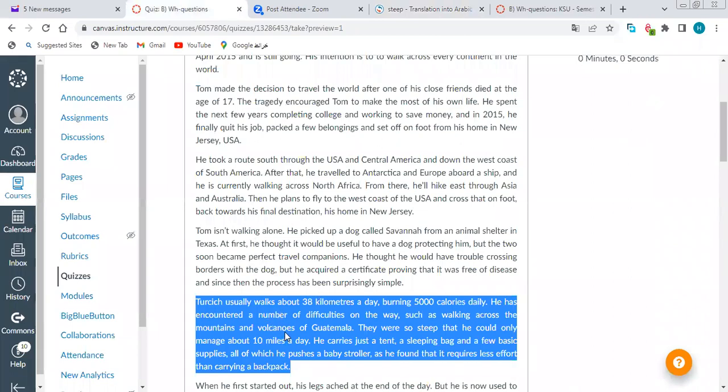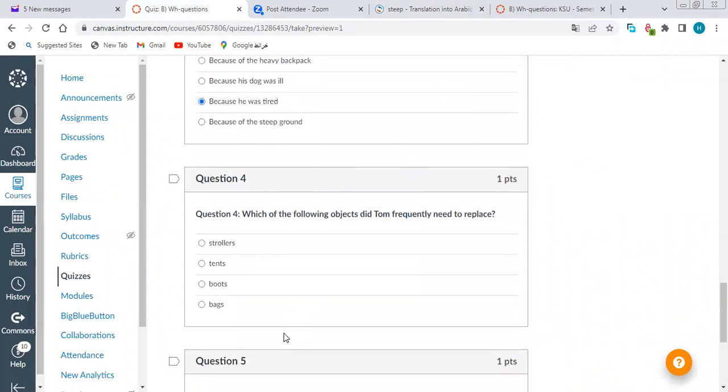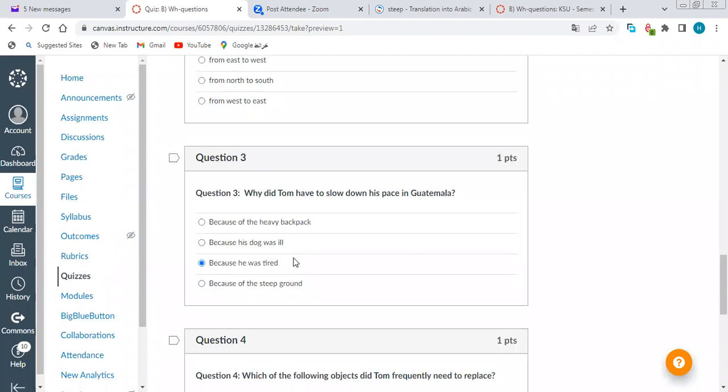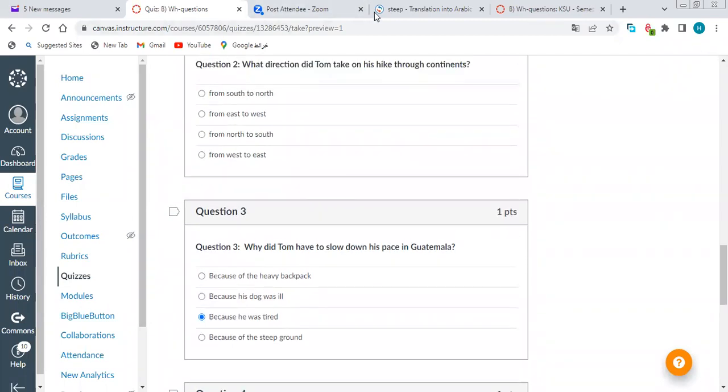Your answer? Show your answer. Because of the steep ground?